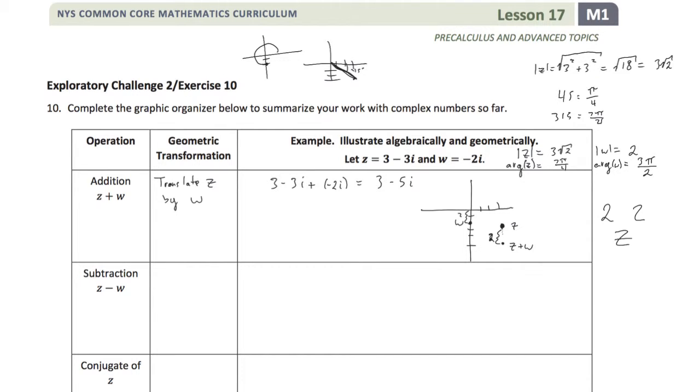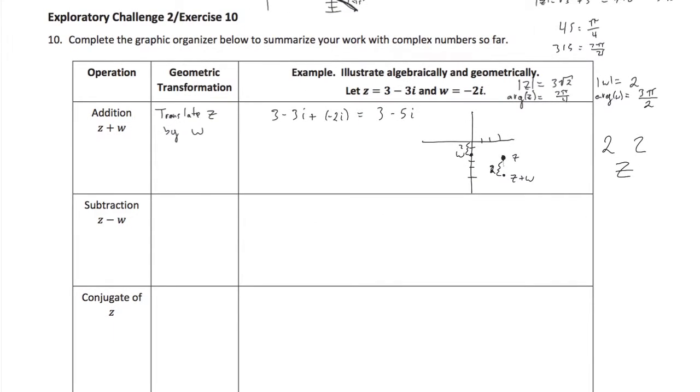All right, next one, subtraction. Well, this is going to be pretty much the exact same. I'm going to translate z by w. It's just going to be a standard translation. Also, my palm kind of draws things on the screen sometimes, and I don't realize it. 3 minus 3i minus 2i.